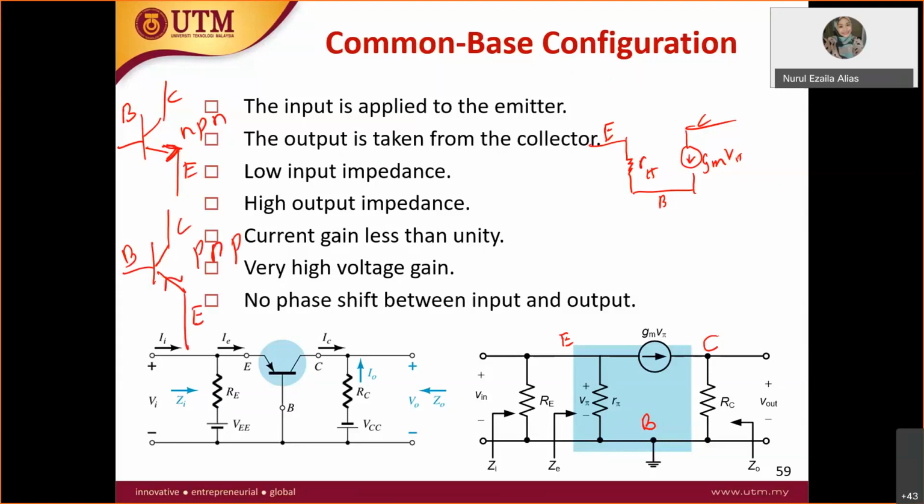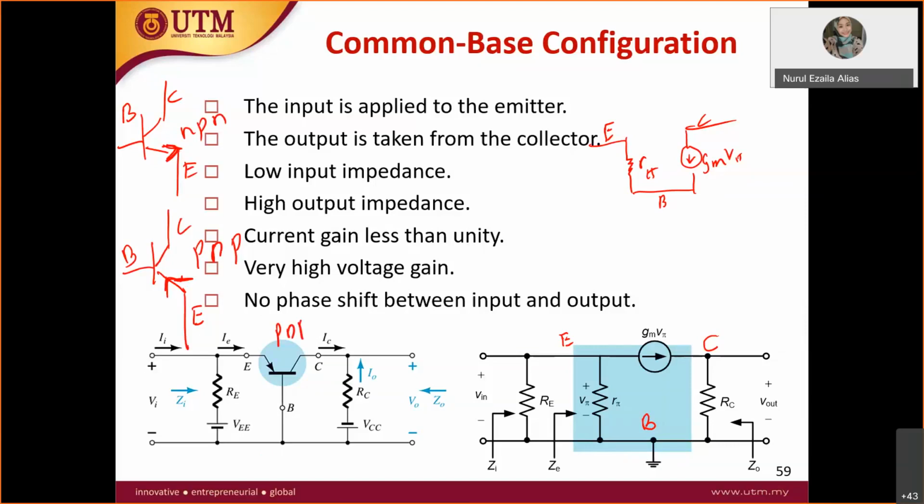As you can see, for PNP current is from emitter to the base. How about this circuit? Please look carefully. Yes, PNP. So most of the time the common base will be a PNP circuit.